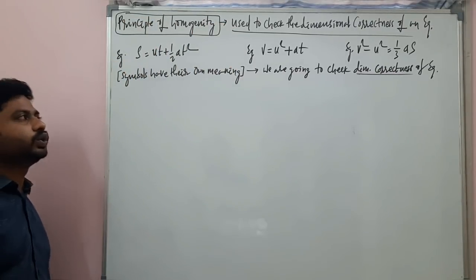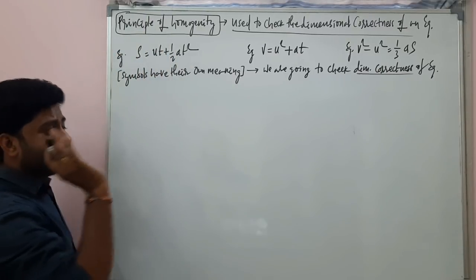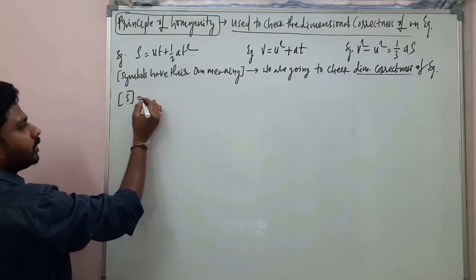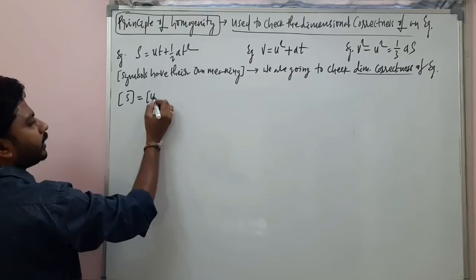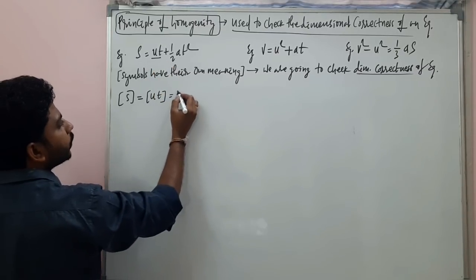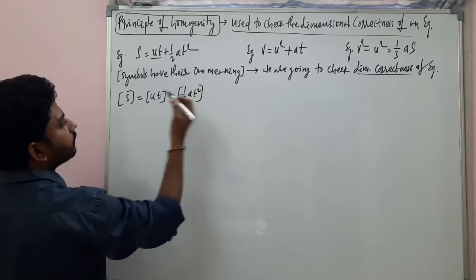S is equal to ut plus half at square. So dimensions of S must be equal to dimensions of u into t, because this is an entity, understand? That must be equal to dimensions of half at square.